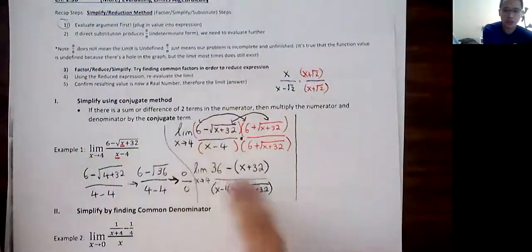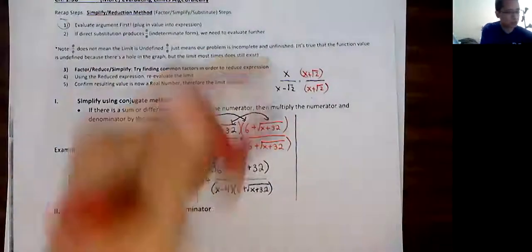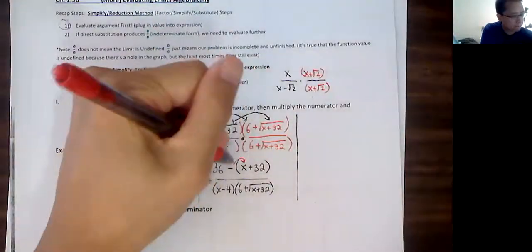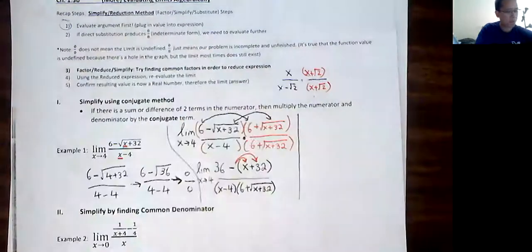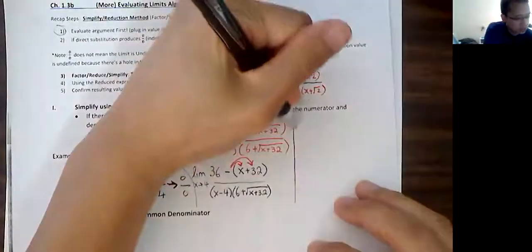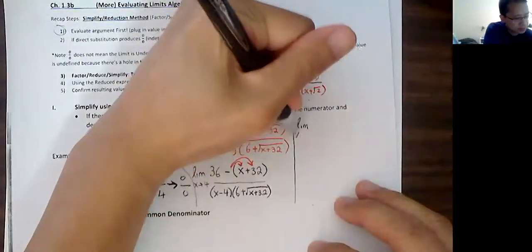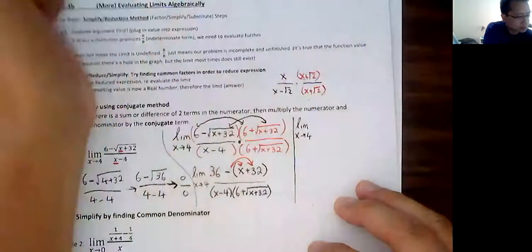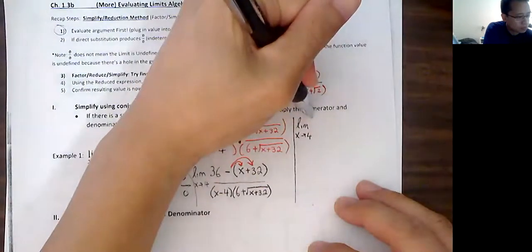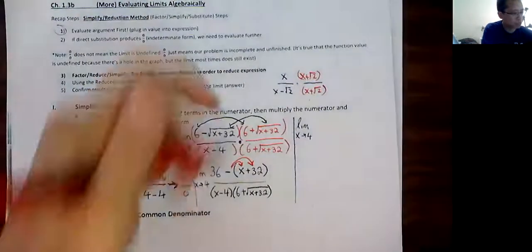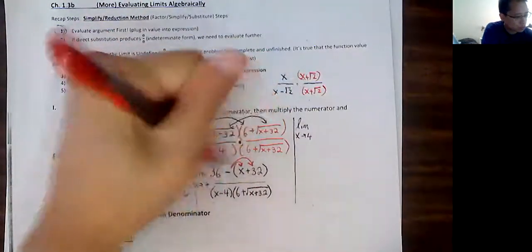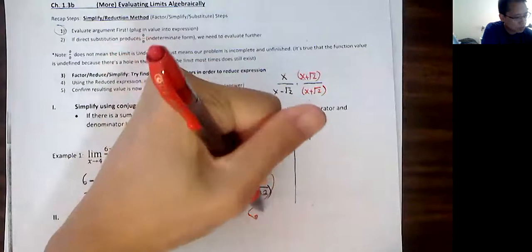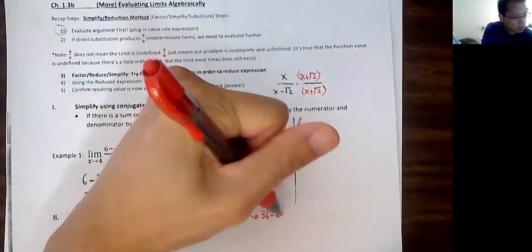All right, so now I'm just going to clean up the numerator. I'm going to distribute the negative through. Okay, so we're just going to resolve this numerator here. So we get 36 minus x. I'm just going to put this over here. The result of this is going to be 36 minus x minus 32.